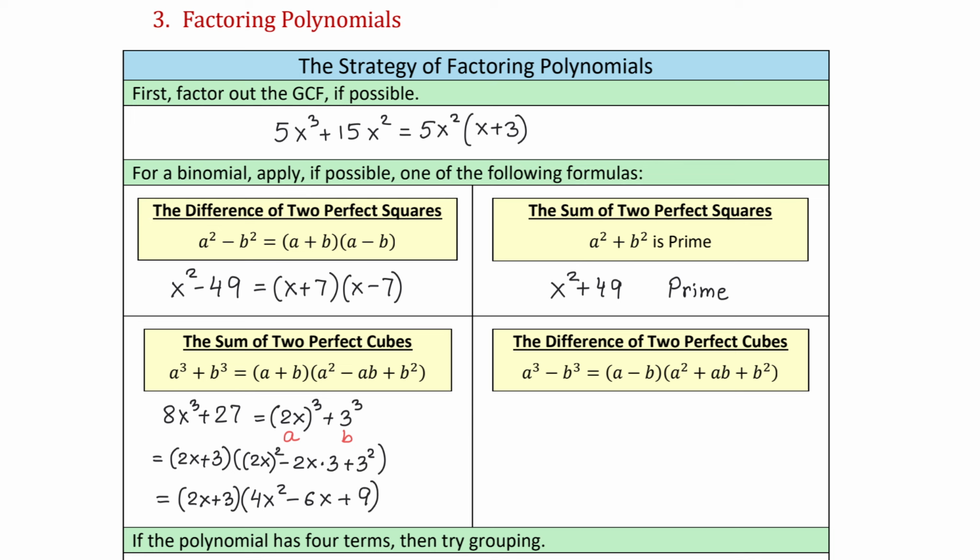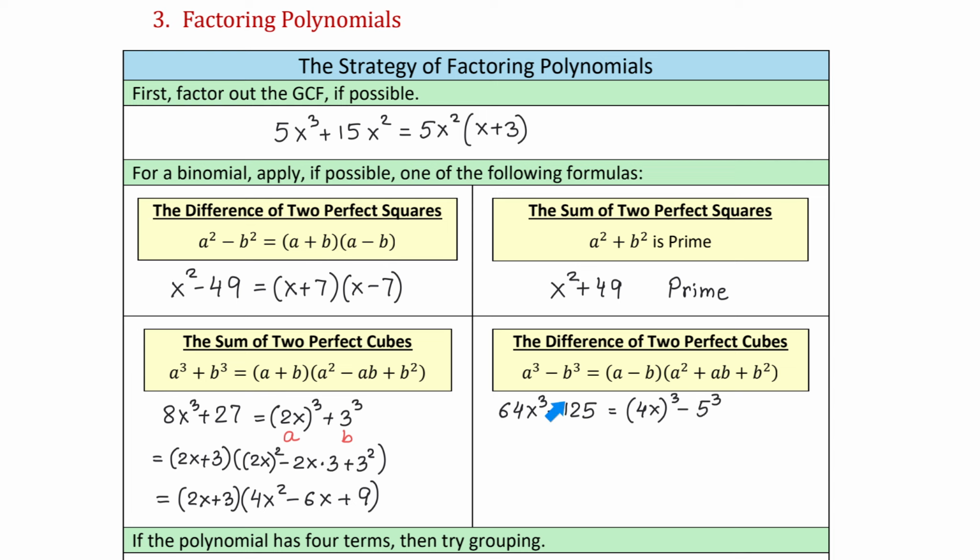Now to the right, if a binomial is a difference of two perfect cubes, a cubed minus b cubed, then we can factor it as a minus b times a squared plus ab plus b squared. For example, 64x cubed minus 125 is a difference of two perfect cubes, and we can write it as 4x cubed minus 5 cubed.